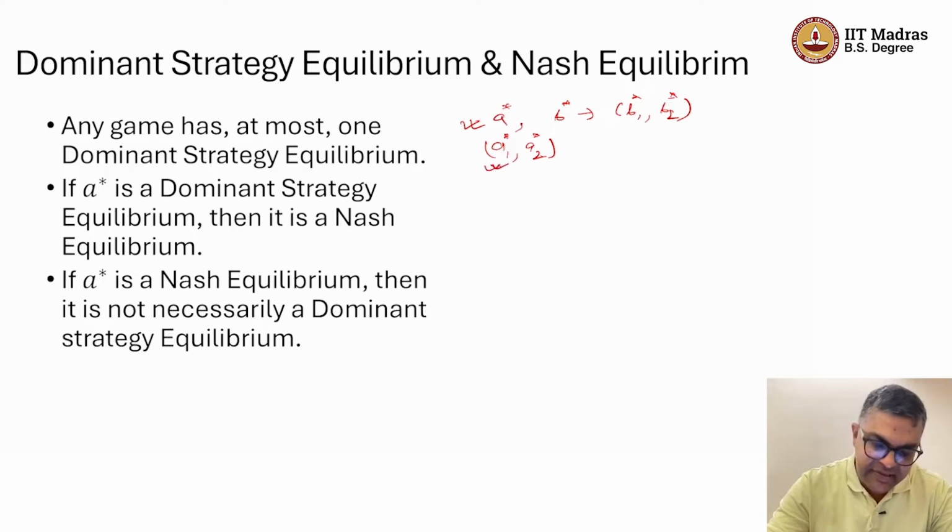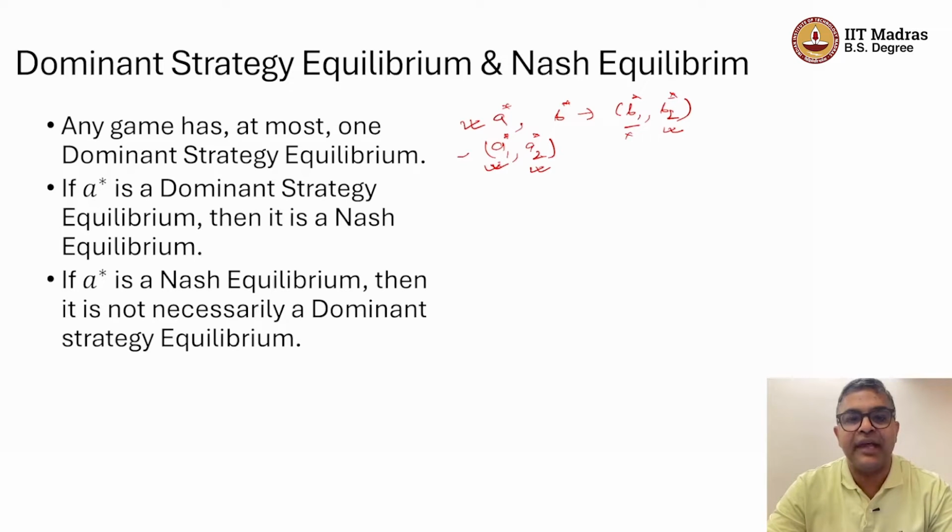It means A1 star has to dominate all other strategies of player 1 and A2 star has to dominate all other strategies of player 2. So if A1 star dominates weakly or strictly B1 star, then B1 star cannot dominate A1 star weakly or strictly, and therefore it is not possible to have two dominant strategy equilibria in the same game. So I hope that is clear to you.